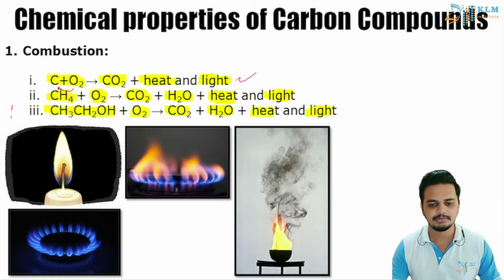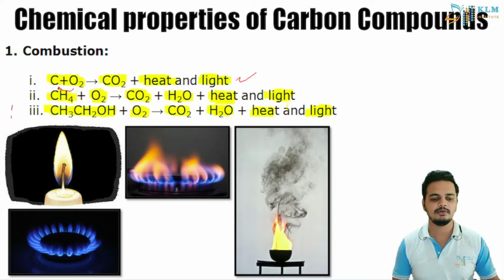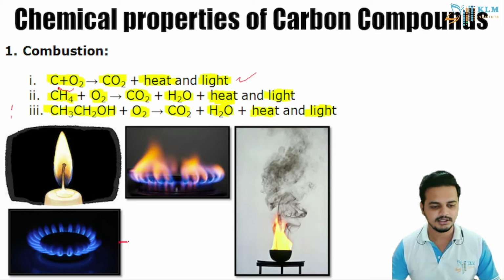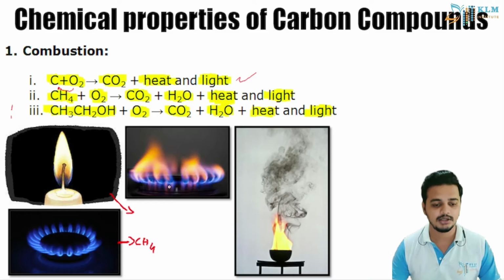So what happens when you burn different types of carbon compounds, such as here, you can see CH4, pure CH4 burning, and this is probably some unsaturated compound, and this is again CH4, and this is a highly unsaturated compound.